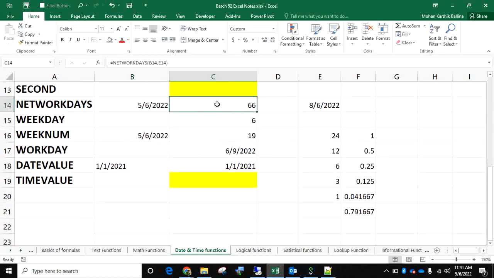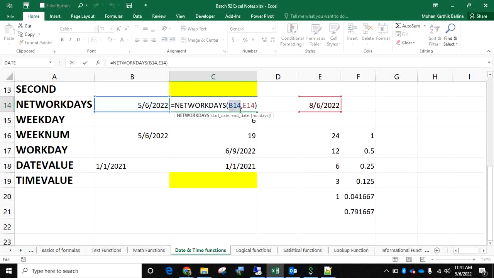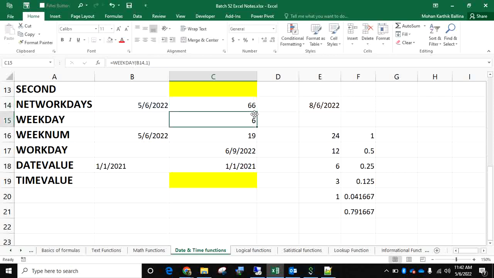Network days, when you have a start date and end date, how many working days are there without weekends? Weekday you have assigned 1 to 7 to each day. You will get the number based on your day. Week number is in which week we were in that particular year.